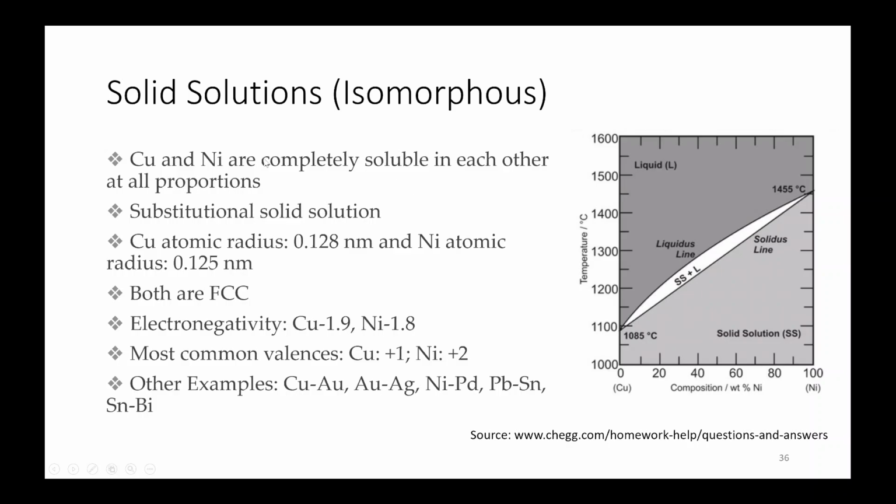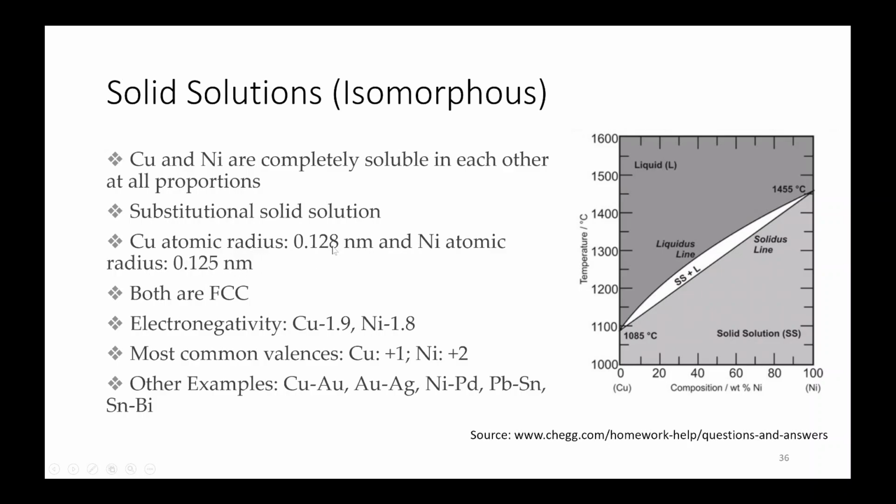Now one example is the copper nickel system. These are completely soluble in each other at all proportions, forming a substitutional solid solution. So in this case nickel will be taking sites of copper in a copper lattice. Copper atom radius is 0.128 nanometer and nickel is 0.125 nanometer.